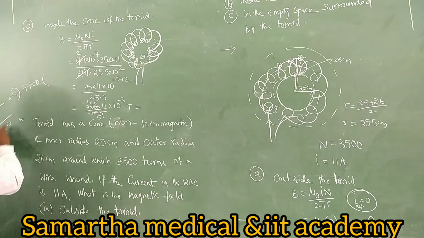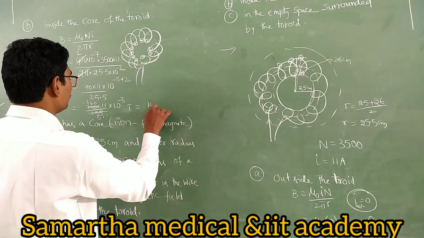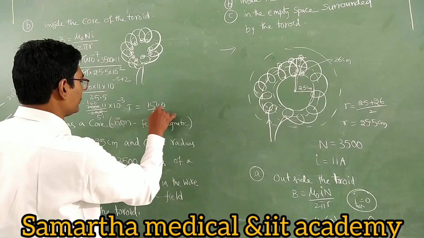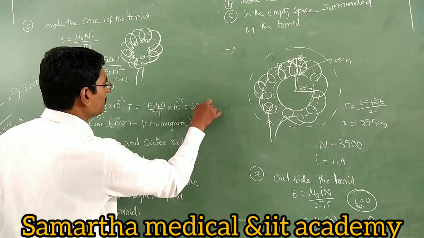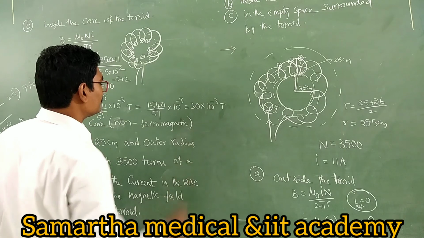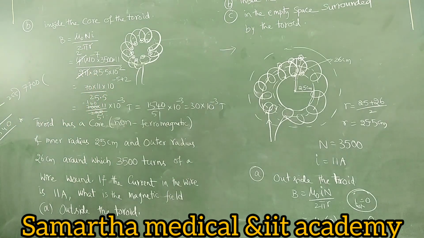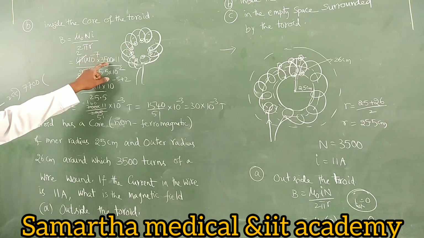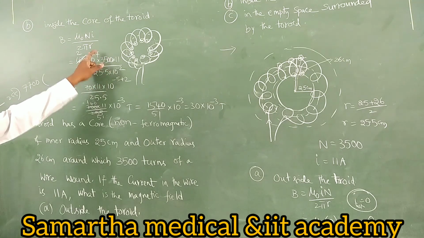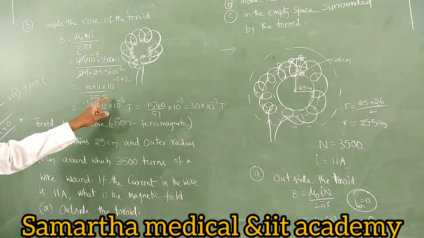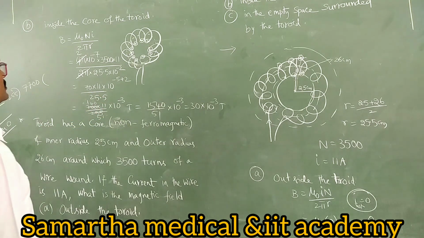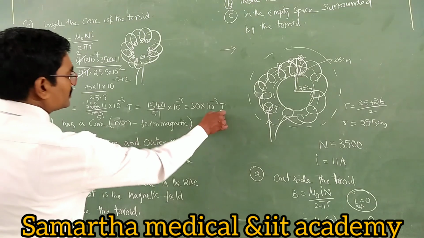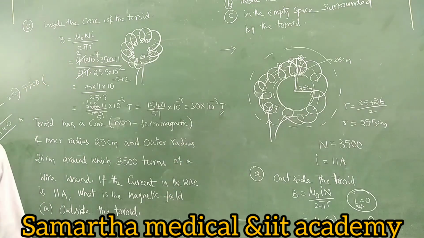So answer is 1540 by 51 into 10 power minus 3. It is around 30 into 10 power minus 3. Minus 7, here 2 zeros I have taken plus 2. Check the calculation. Answer is 30 into 10 power minus 3.